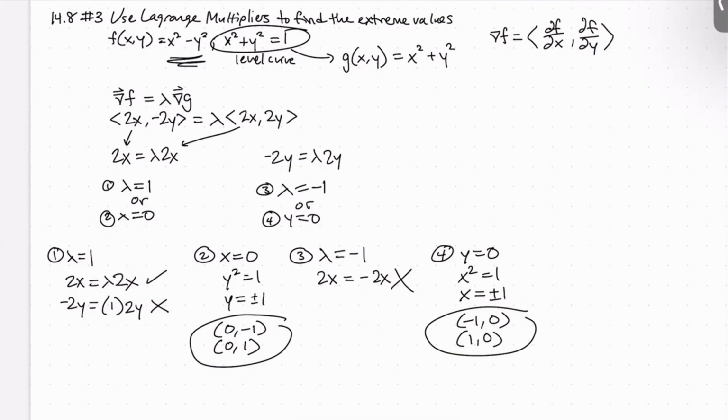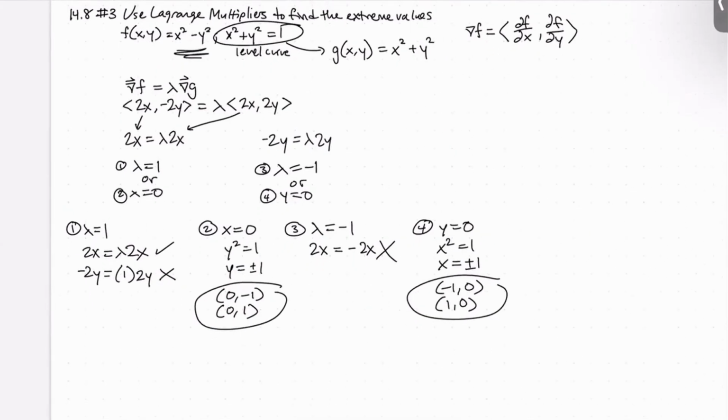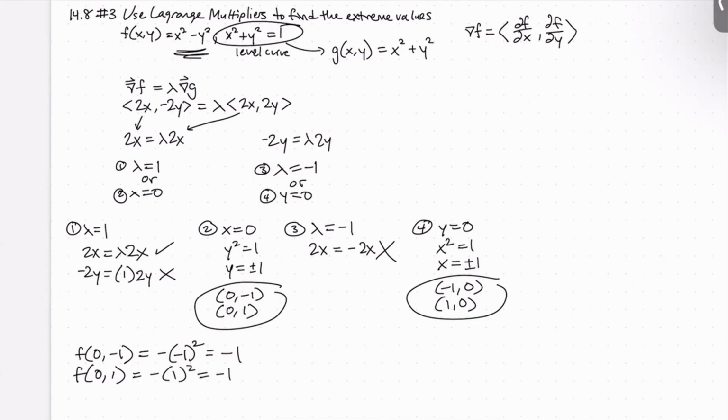So now we're going to evaluate f at each of these points and see which ones are maximums and which ones are minimums. So let's do f of (0, -1). That's going to be -1 squared, which equals -1. f of (0, 1) is -1 squared, which also equals -1.